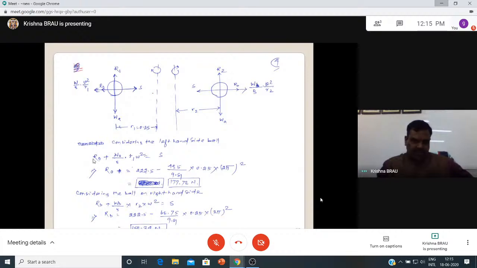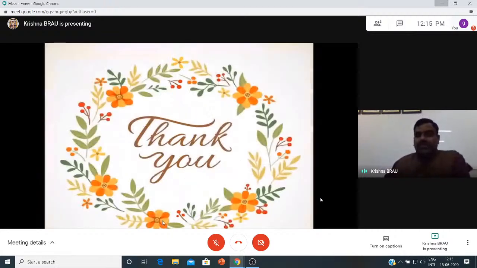From this find RA. And the second one, RB in this direction, and S. Now consider the second equation, RB plus this one minus S, equal to m r omega squared. Find the RB. Once we know the two equations, we find the answers. This is how the equations work.